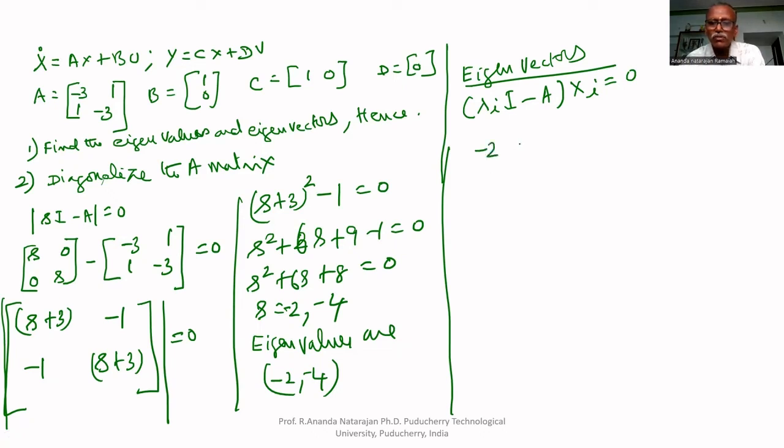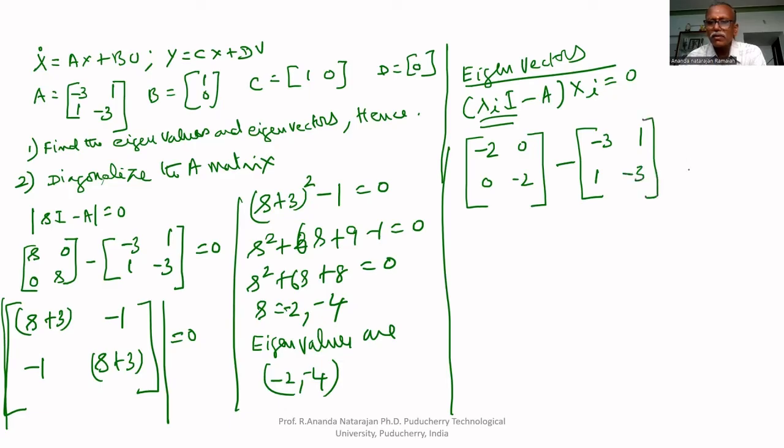Therefore, minus 2, 0, 0, minus 2 is lambda I. Lambda I minus A, where A is minus 3, 1, 1, minus 3, multiplied by xi, here x1, x2, equal to 0.